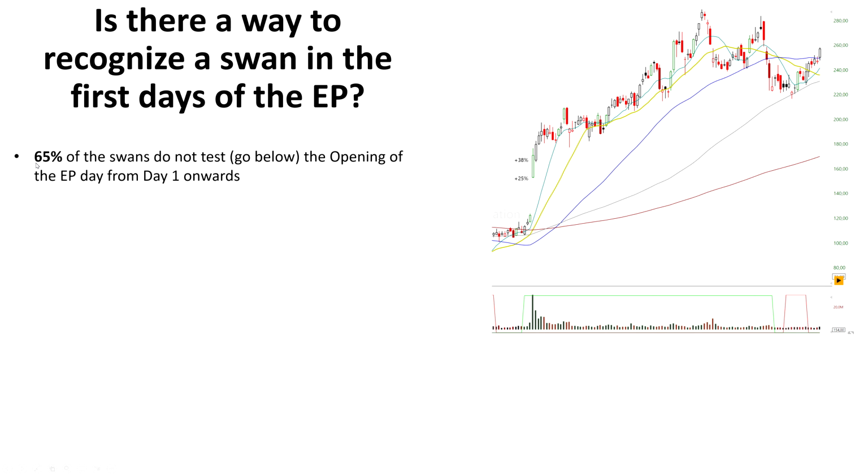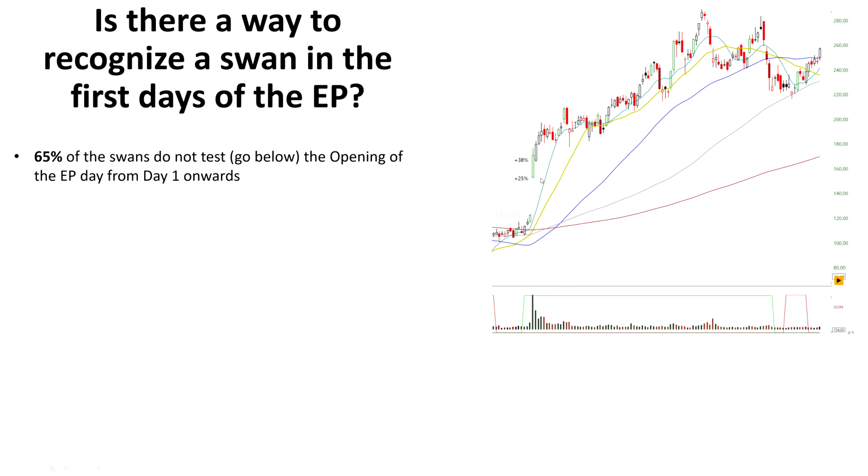This data is not applicable to all the EPs, but only to the swans. 60 to 65% of the swans do not go below the opening of the EP day from day one onwards. So 65% of the swans look like this, where the opening is here and from day one onwards they don't come back to this area, which is a nice insight.